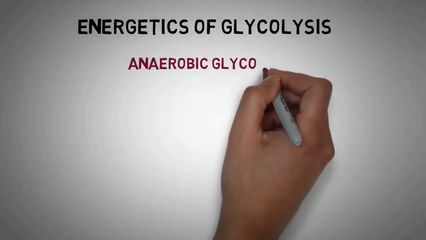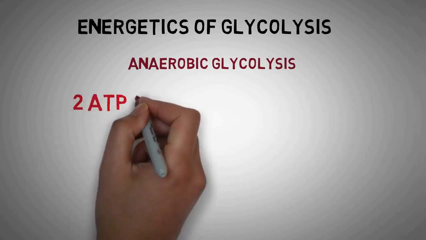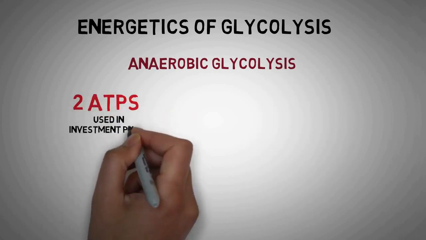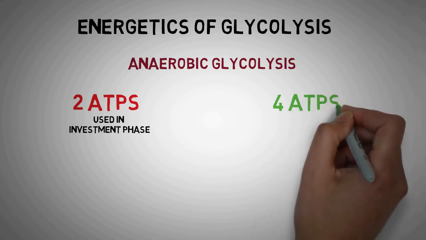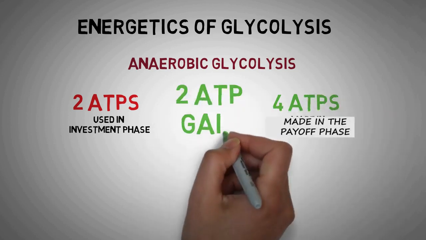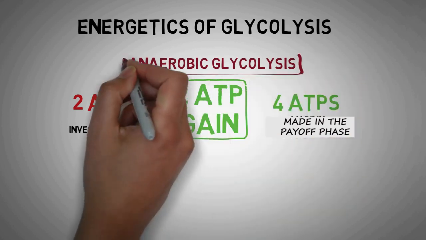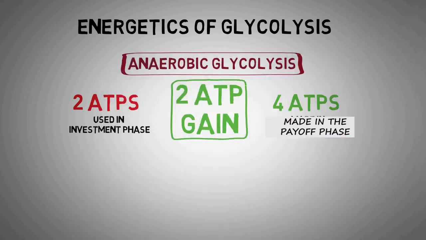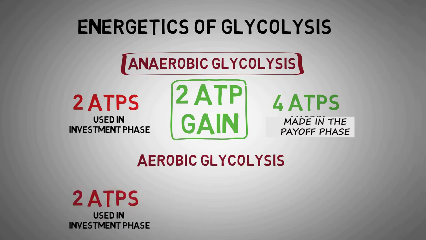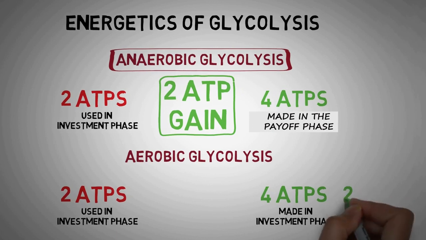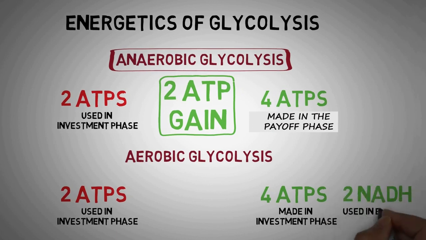We are using 2 ATPs in the investment phase of glycolysis, and we are producing 4 ATPs in the payoff phase. That gives us a net gain of only 2 ATPs in the anaerobic glycolysis. In the aerobic glycolysis, we are getting an additional 2 NADH molecules that will be used in the electron transport chain to produce more energy.